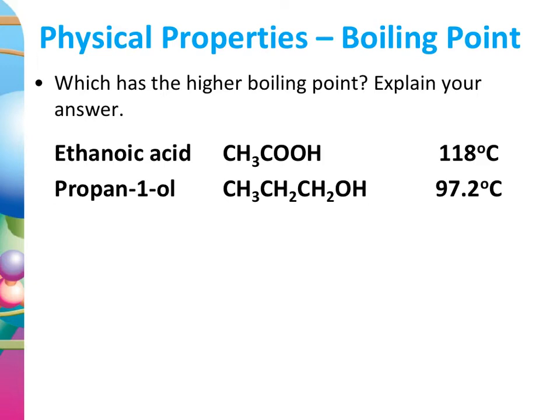And if we wanted to just extract the aldehyde, then we needed to remove it from the reaction mixture, remove it from the oxidizing agent, which was the potassium dichromate, before it got oxidized any further.